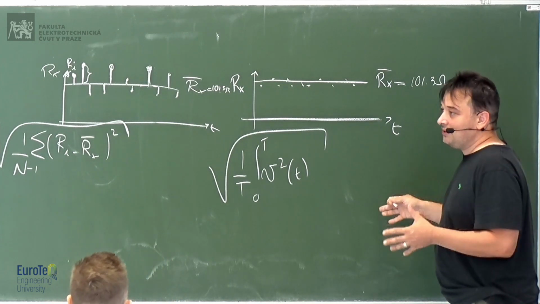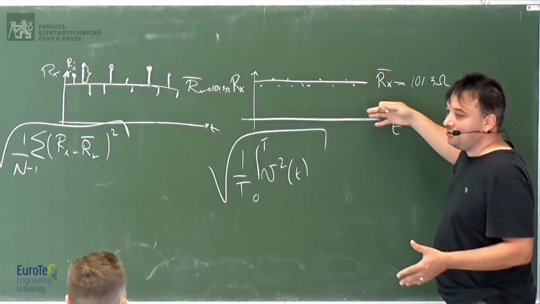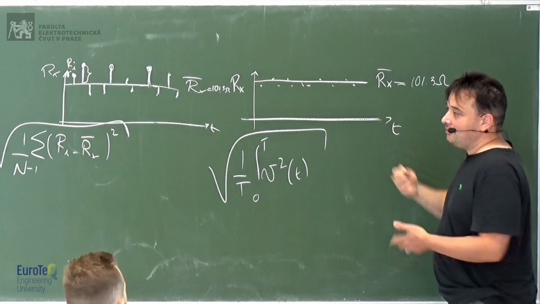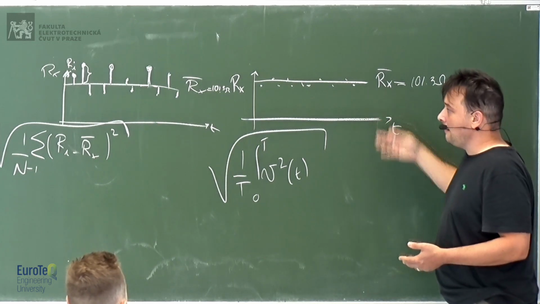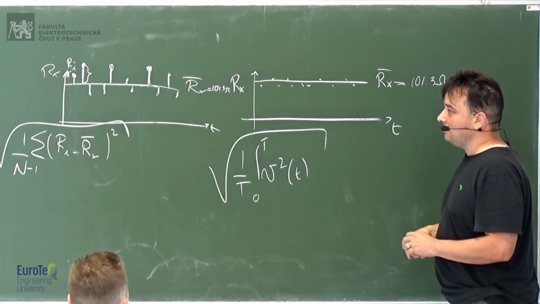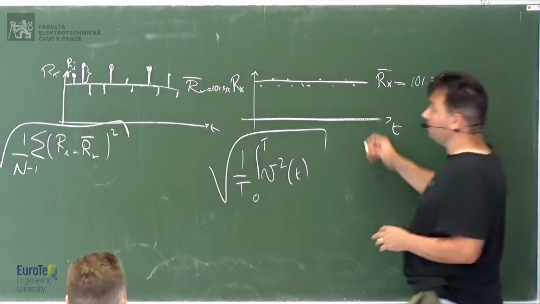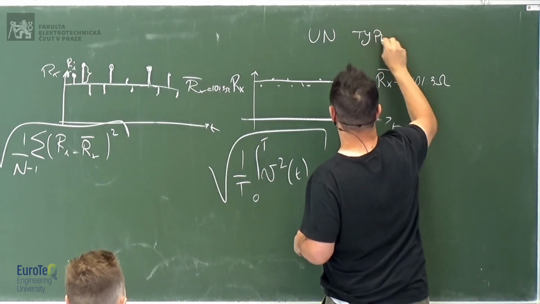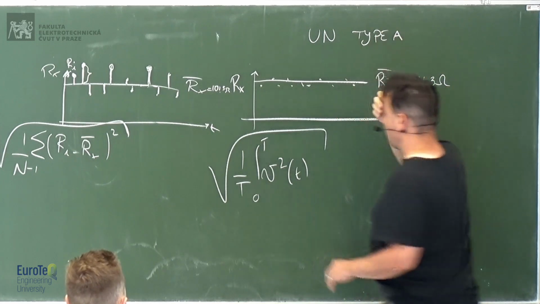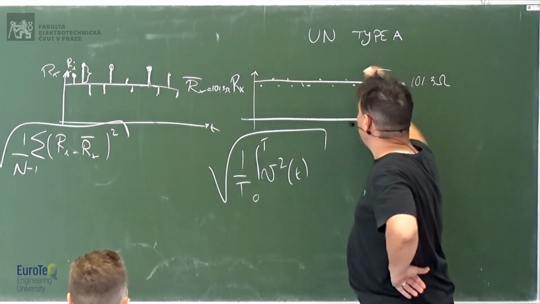You expect to see always the same value, but you don't. You see that it changes in time, and then you say, okay, fine, I take the average, or I take the standard deviation. The standard deviation becomes my uncertainty of type A. So this is simply the standard deviation.